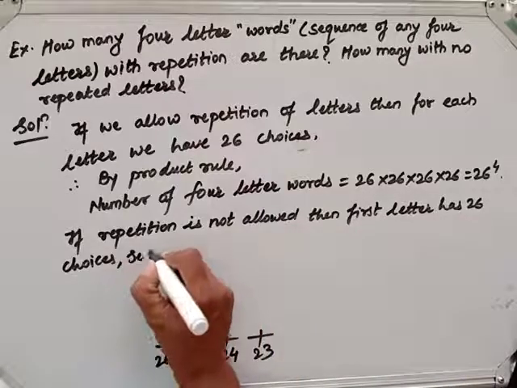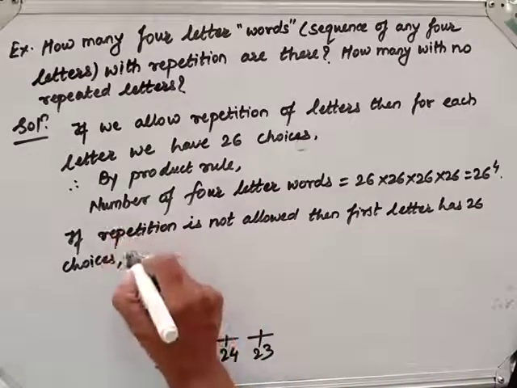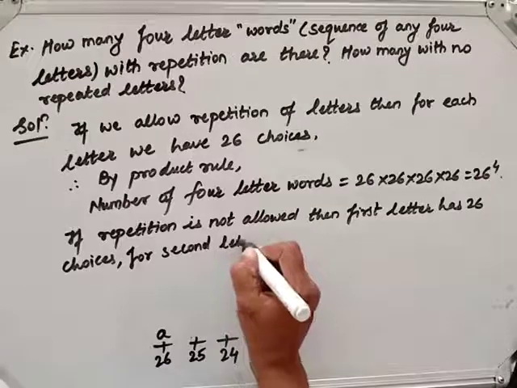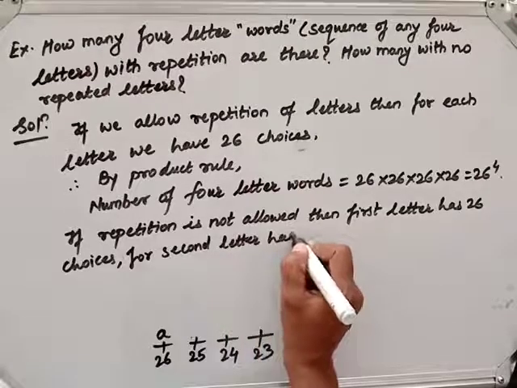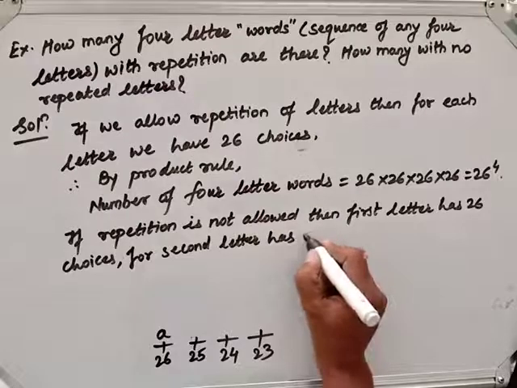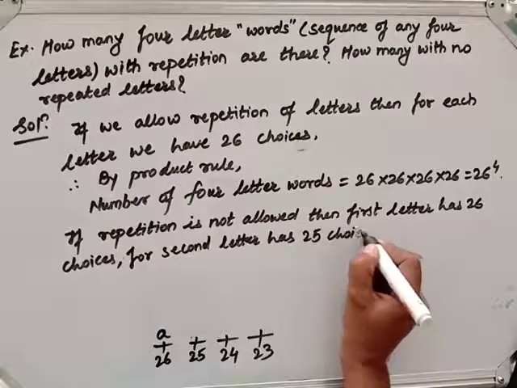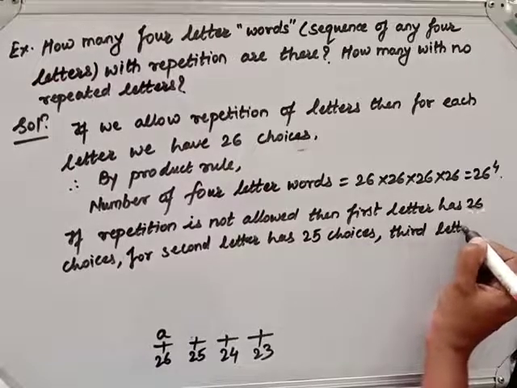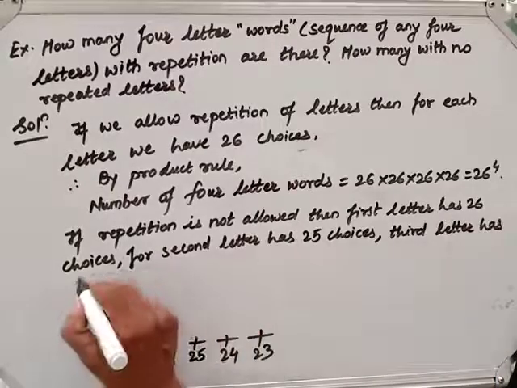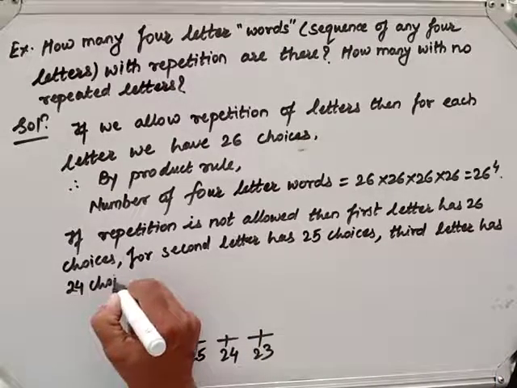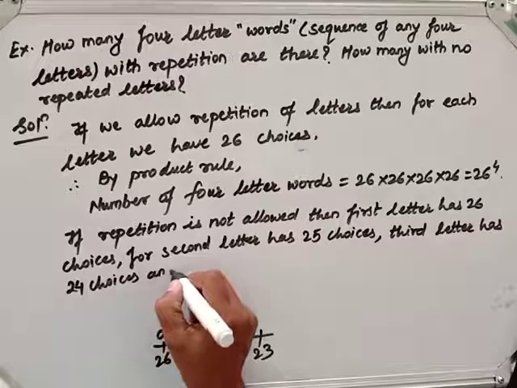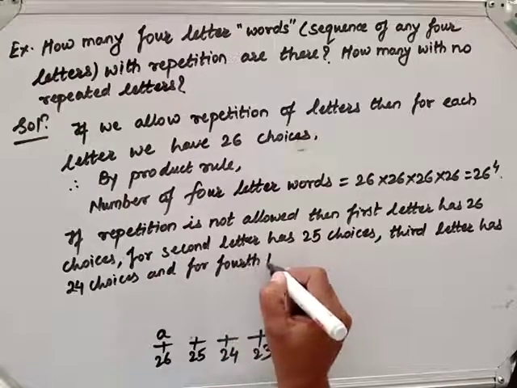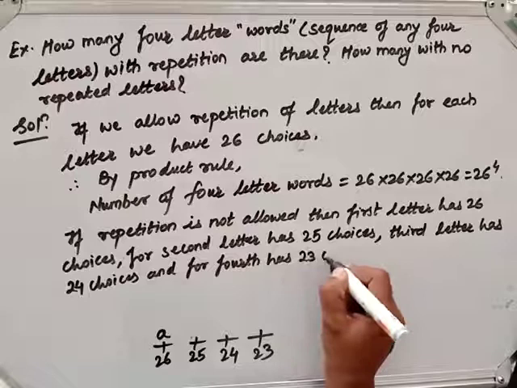24. And here 23. So for the first letter we have 26 choices. The second letter has 25 choices. The third letter has 24 choices. And the fourth letter has 23 choices.